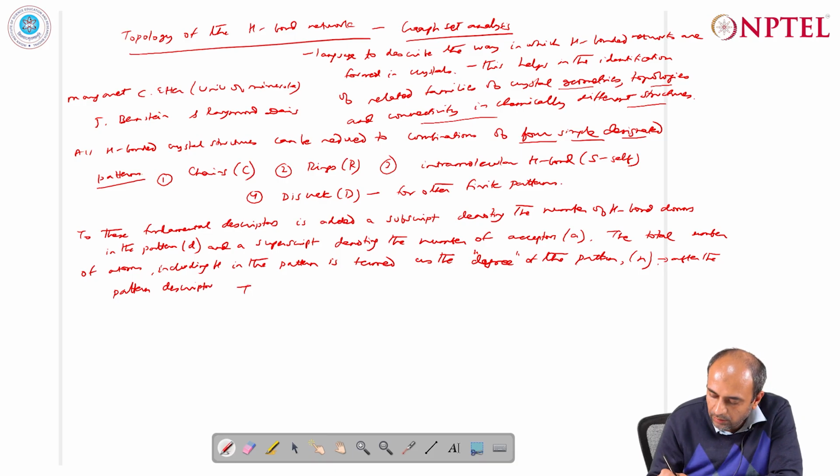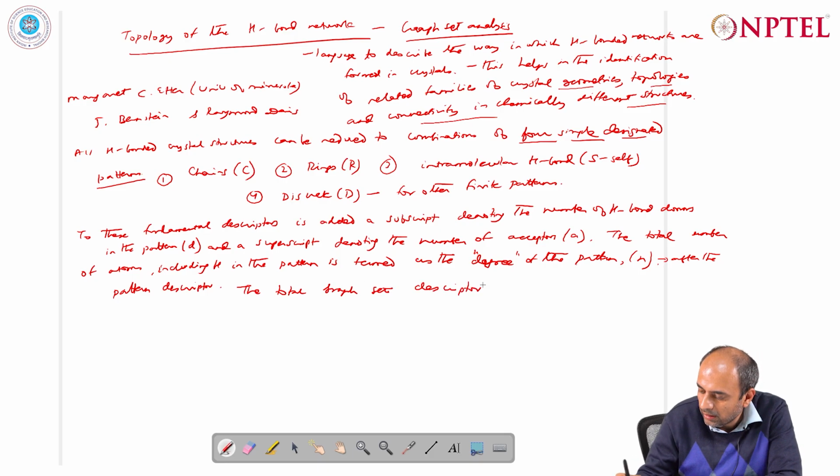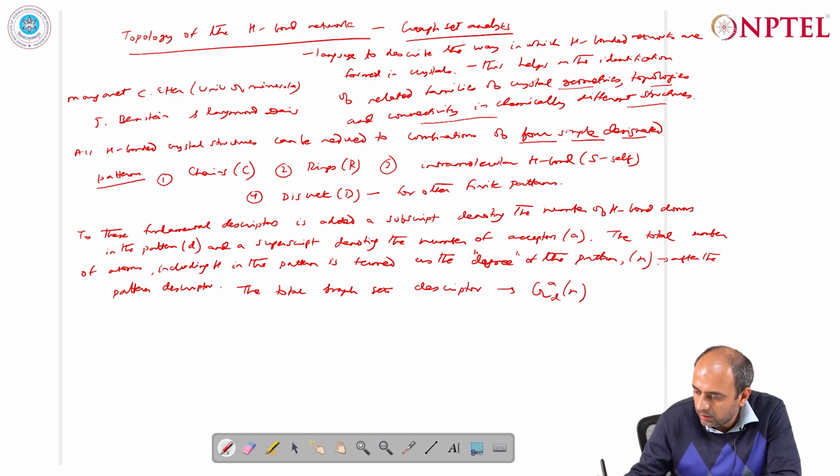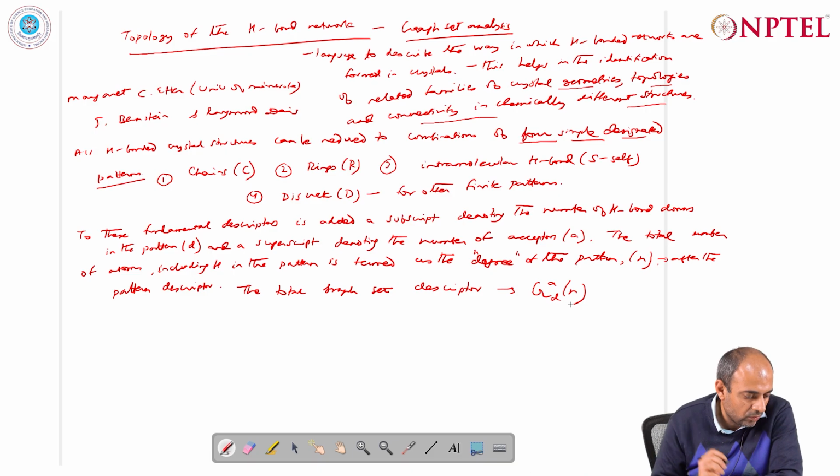So the total graph set descriptor is symbolically written as G A D N. So these are the fundamental rules on which the graph set analysis has been constituted.